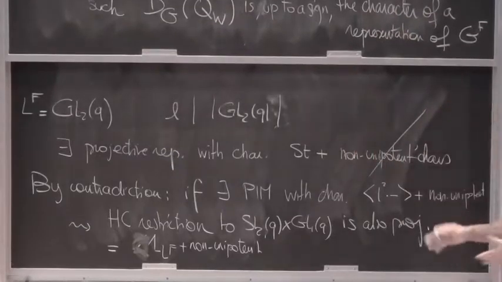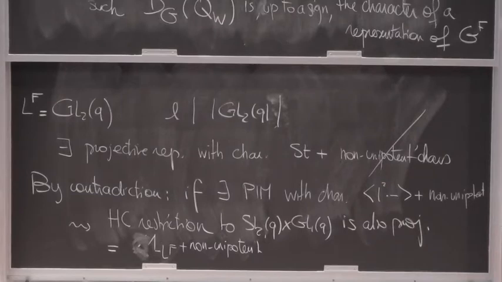If you decompose it on the basis of unipotent characters, you get either only positive multiplicities or only negative multiplicities. Okay, but you can't have both at the same time.